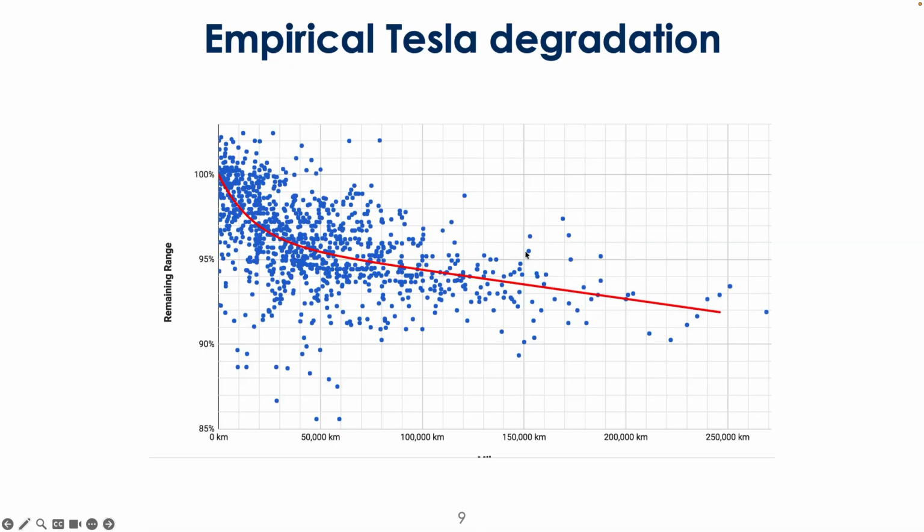Okay, so a lot of battery experts, a lot of folks in the EV space, for a long time were curious about what that degradation would look like once we're thinking about the use of these batteries in the real world. And a lot of folks predicted that it would be quite a lot worse. For maybe the earliest generation of electric vehicles, that was true.